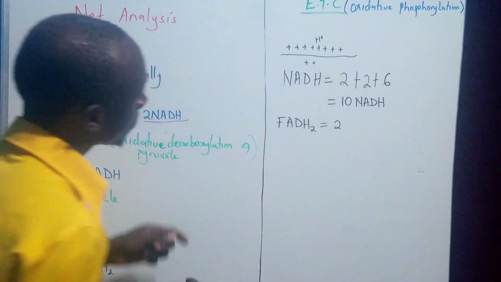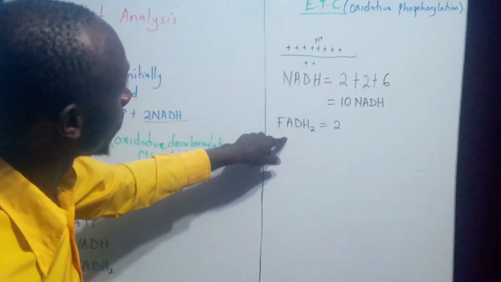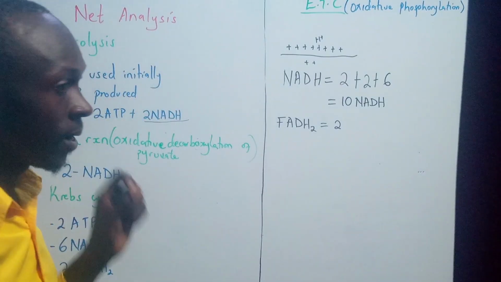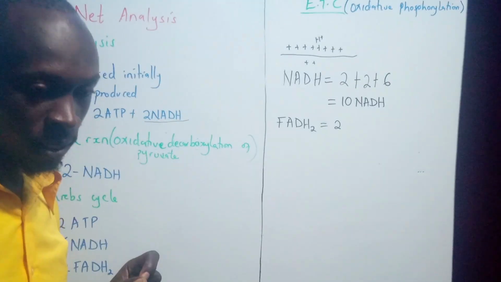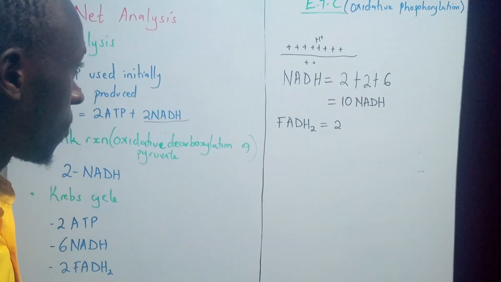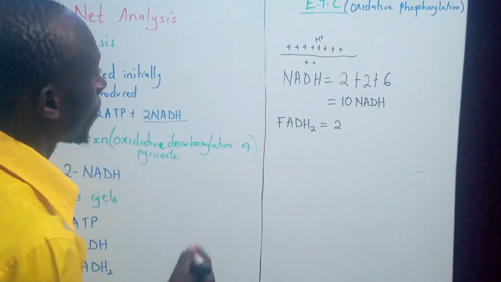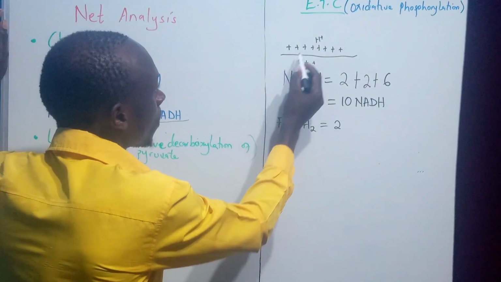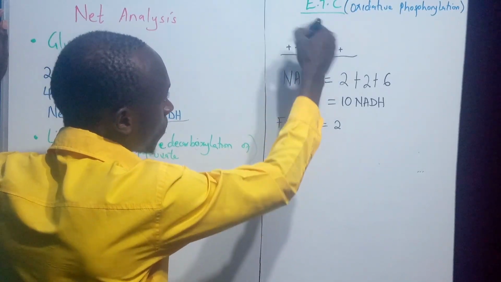Now from this we can form a basis of getting how many ATPs are obtained in the electron transport chain. I told you that the electron transport chain produces the biggest percentage of the ATP molecules. So what determines the ATP molecules that are produced? The protons which are pumped into the intermembrane space.